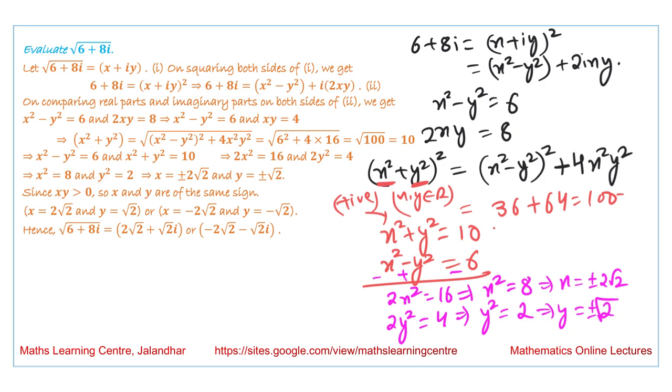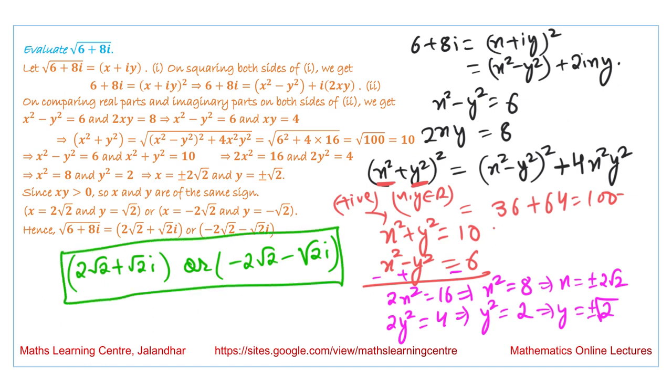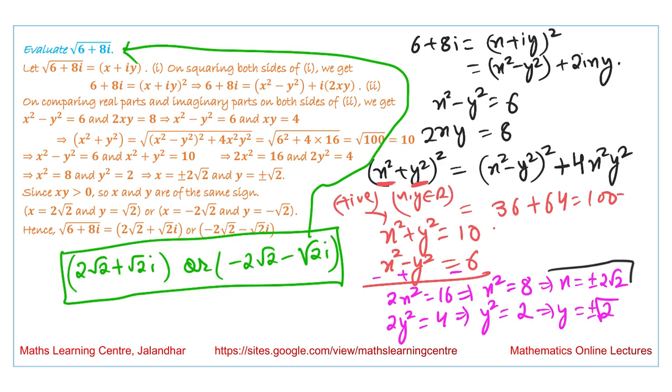So the answers we will have for x plus iota y will be 2 root 2 plus root 2 iota, or minus 2 root 2 minus root 2 iota. So these are the two square roots of this complex number. We can see from here that basically we have four values: x can have plus minus 2 root 2, y can have plus minus root 2.